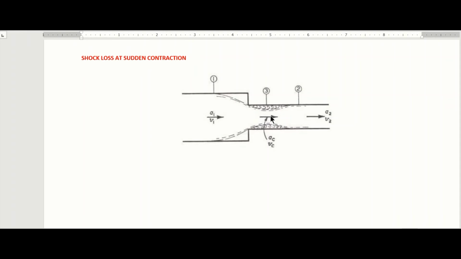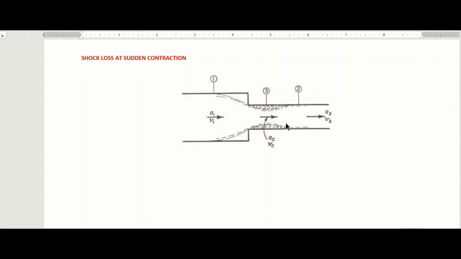Now, the loss of energy in the convergence from section 1 to section 3 is very small, and the main loss occurs in the enlargement from section 3 to section 2. It is usual to ignore the loss from section 1 to 3 and treat the loss from 3 to 2 as if it was due to a sudden enlargement from the area of the vena contracta to the area A2 of the smaller pipe.